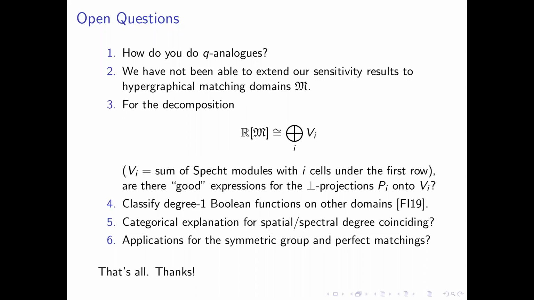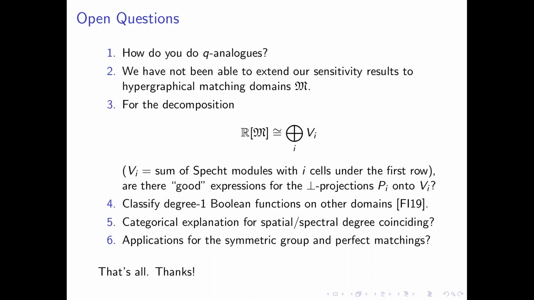Unfortunately, I wasn't able to discuss it too much, but in this paper we were able to slightly extend their classification to perfect matchings. What's cool is that to prove this result, notions like sensitivity that we defined for the symmetric group can be defined for perfect matchings as well.